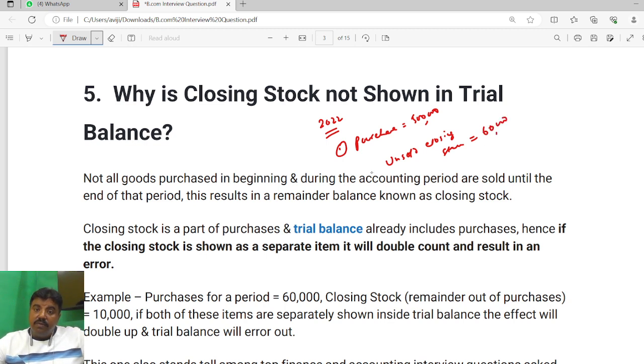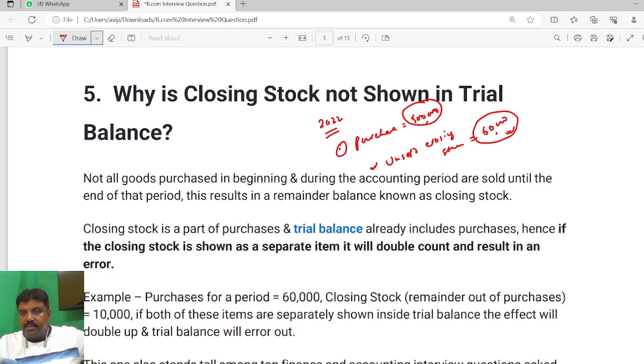Now, for this closing stock, we pass an adjustment entry at the end of our accounting year. If it is passed as an adjustment entry at the end of the accounting year, then in the trial balance, the total purchase we will write because the entry is not yet done.